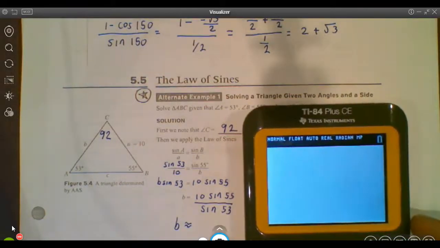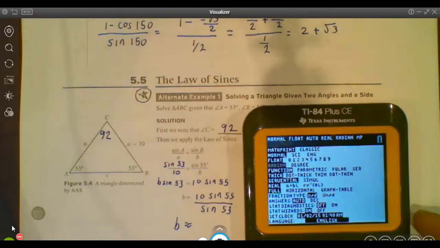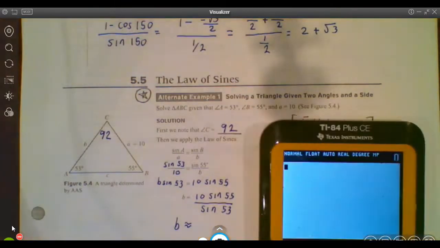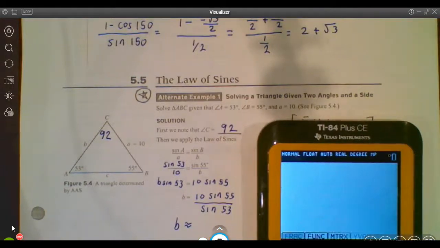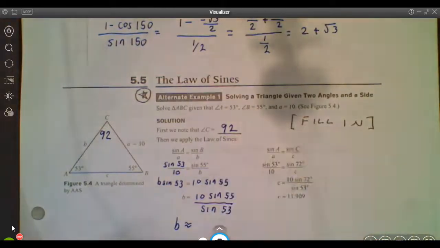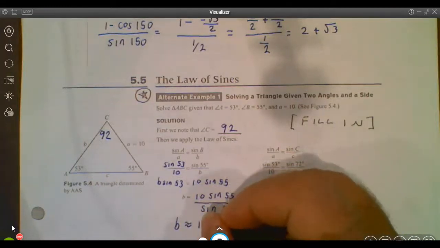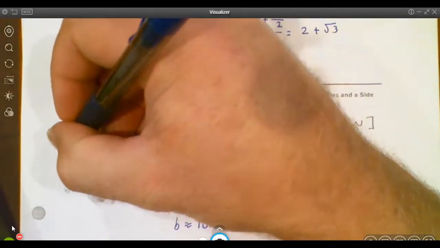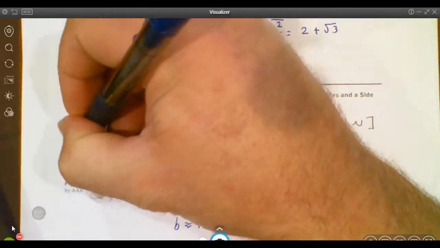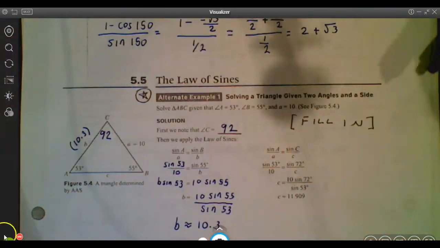We are in degrees right now, so let's make sure that is correct. I typed in 10 sine 55 on top, sine 53 on bottom, and we got about 10.3 for side b. Let's fill that into our diagram. Always a good thing to do.